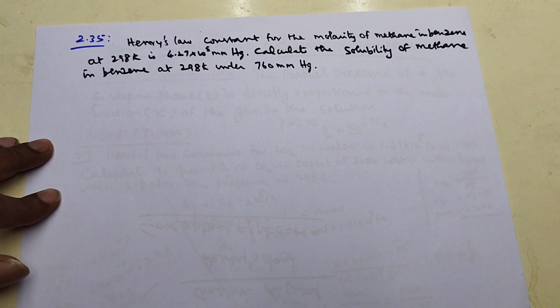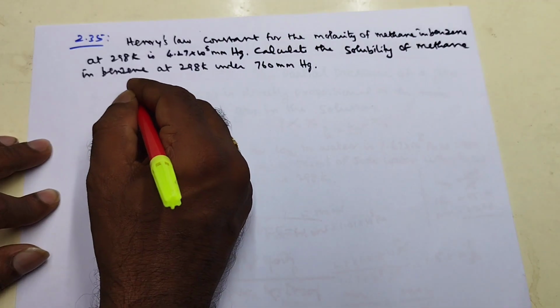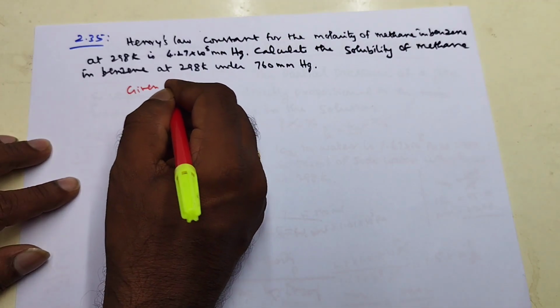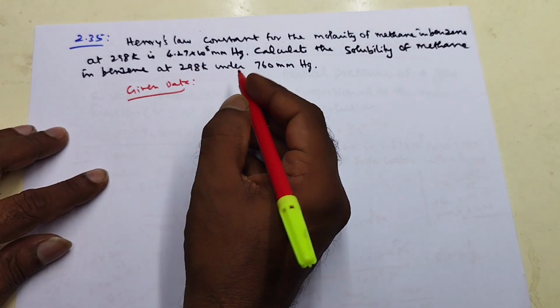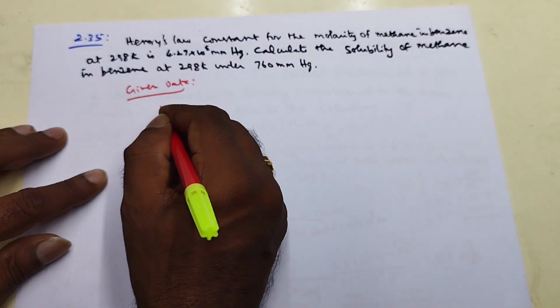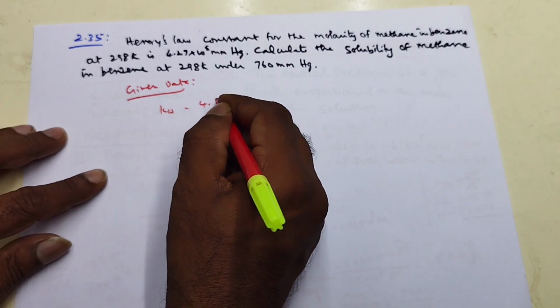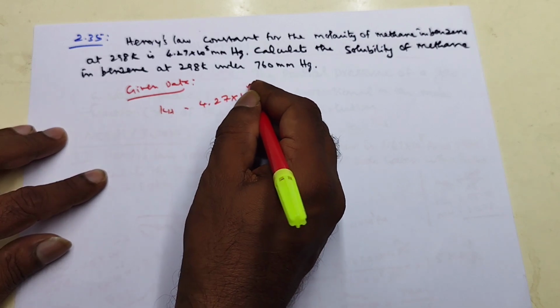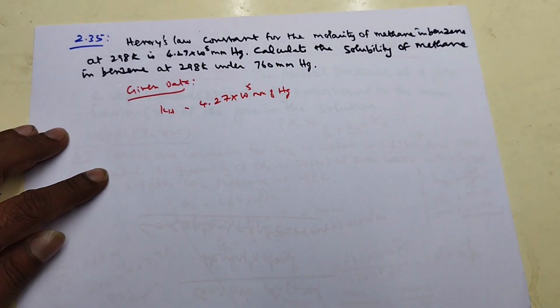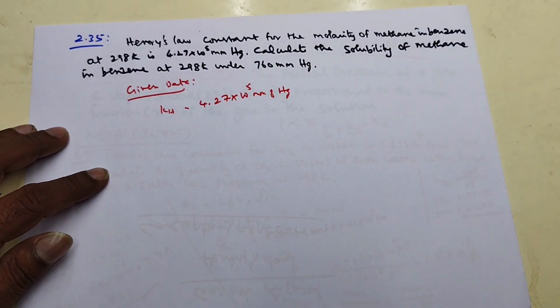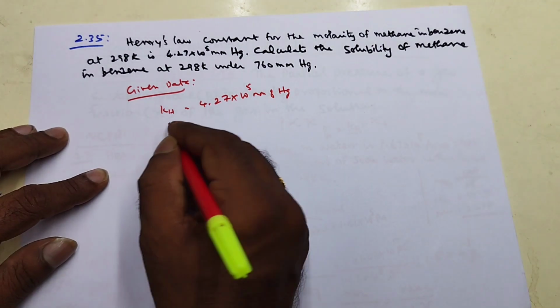So in this case, we try to understand what the given data are. Given data: Henry's law constant Kh is 4.27 × 10^5 mm of mercury. Calculate the solubility they are asking, that means the mole fraction we have to find out.